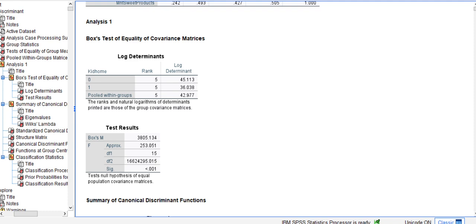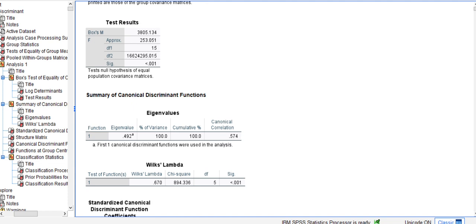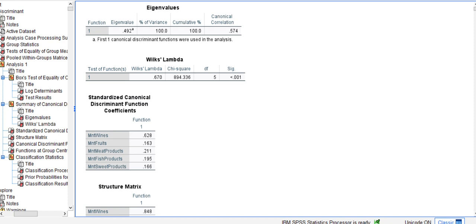This means the variance is close. Box's M showed significance, so what we can do there is run separate covariances through the classify section. Significance is less than 1, and that's what we have here for this test.